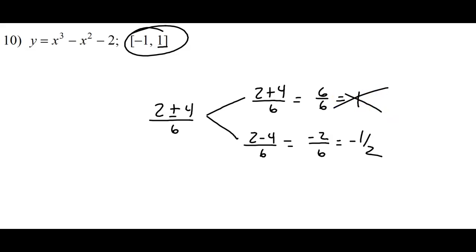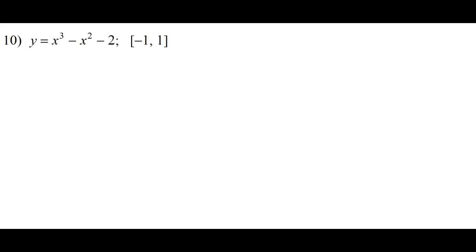The reason for that is we want it to be continuous on the closed interval, but differentiable on the open interval. In other words, we don't want to include the endpoints for the derivative part. So we don't include the endpoints in our final answer, and we're only going to include the one that's in the interval, not on the outside. Okay, so there's that. Let's go ahead and take a look at another one.